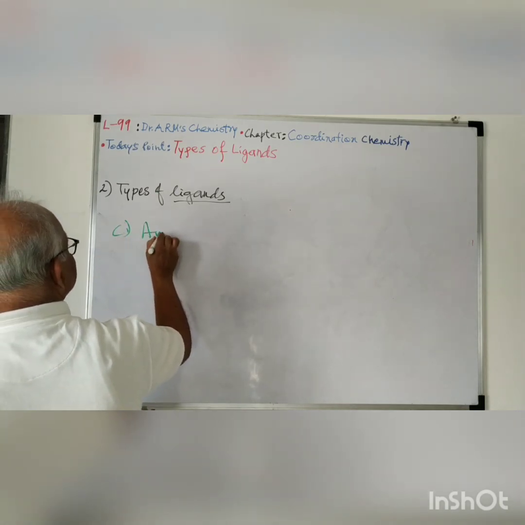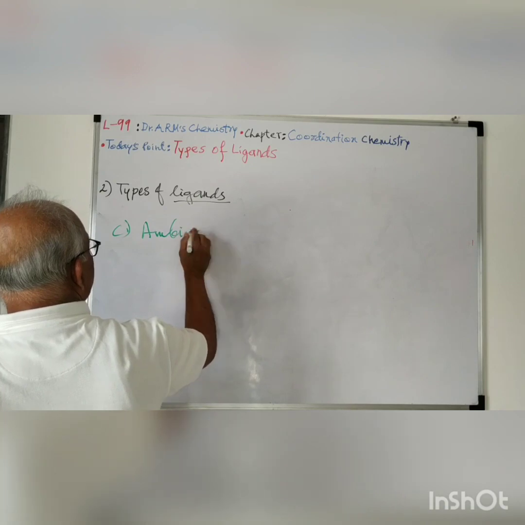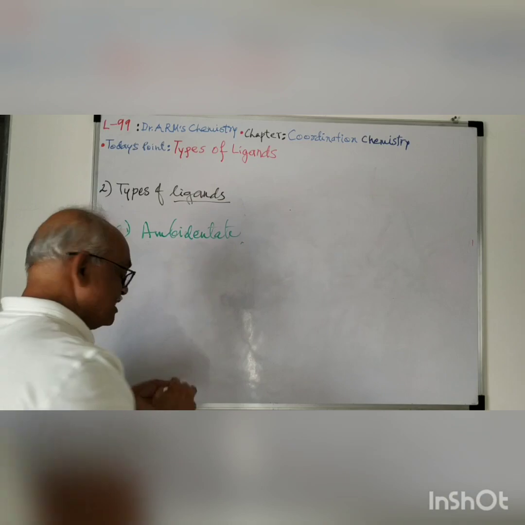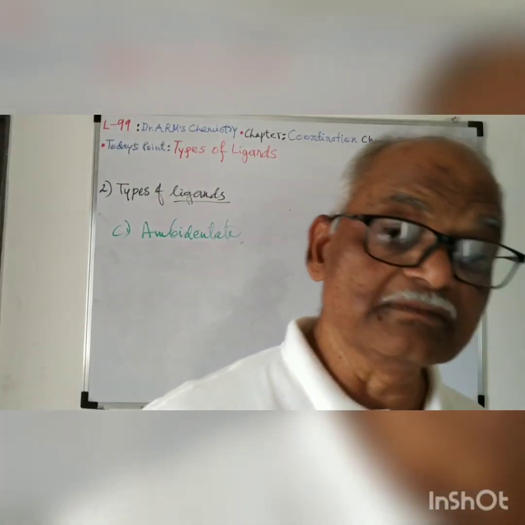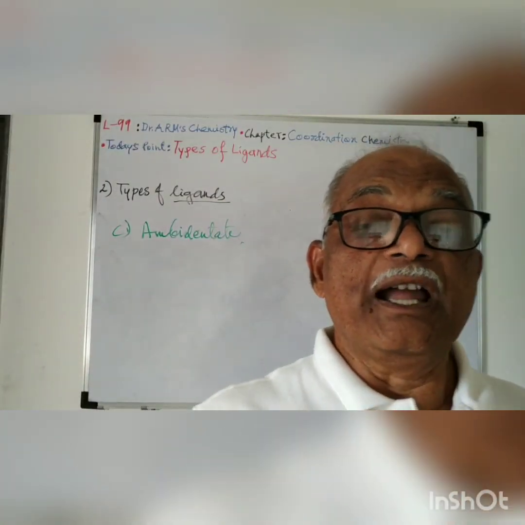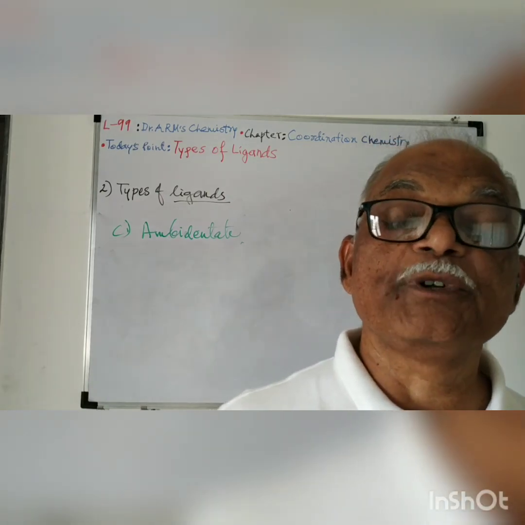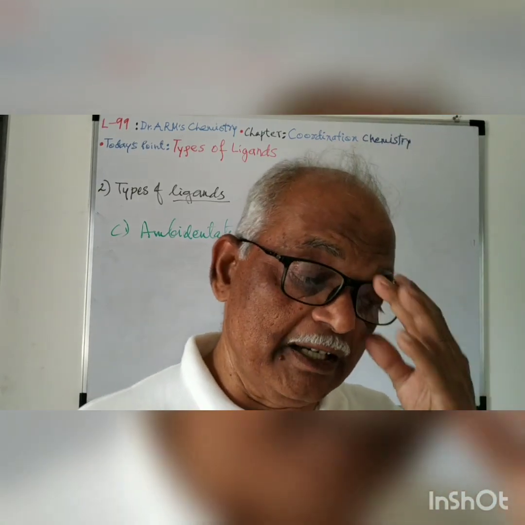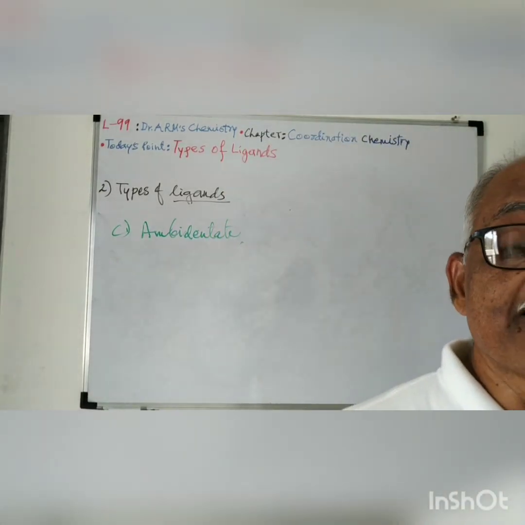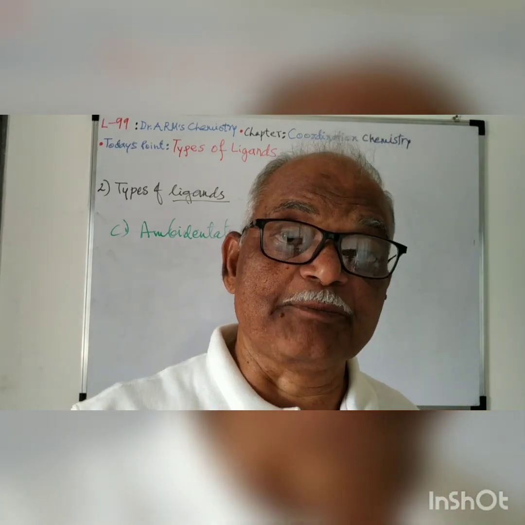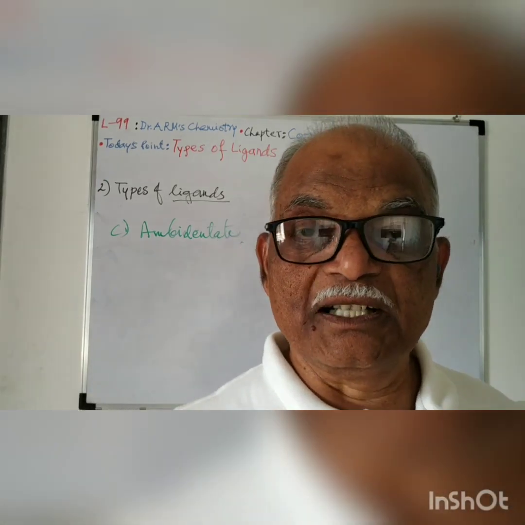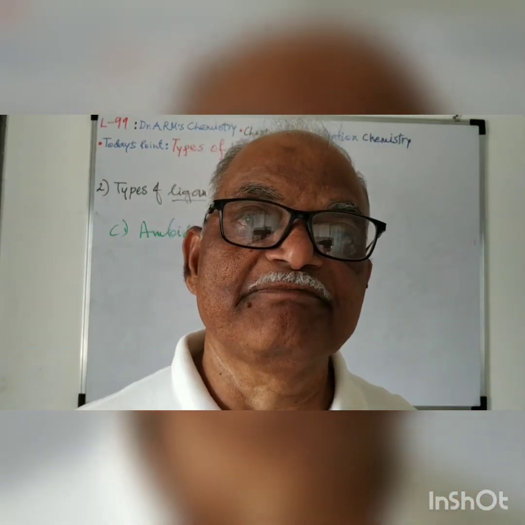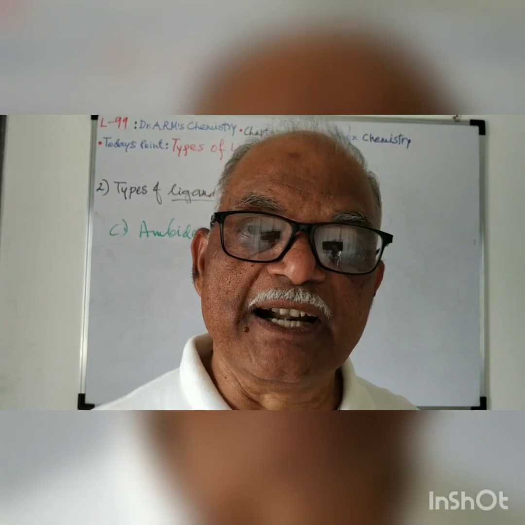Ambidentate ligands. Ambidentate means there is at a time only one point of attachment, but the species or ion contains different atoms of different elements which can provide the electron pair, or which can act as a donor atom.